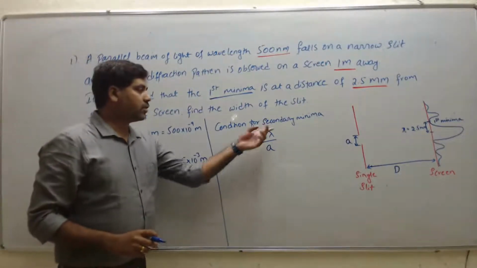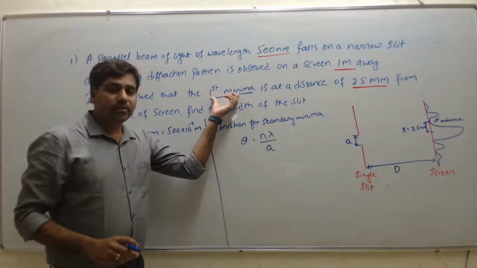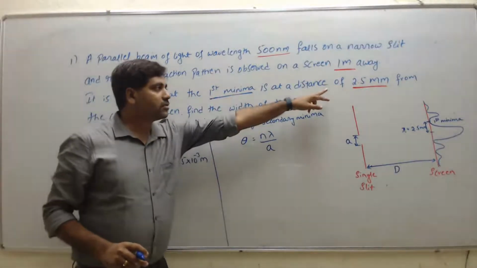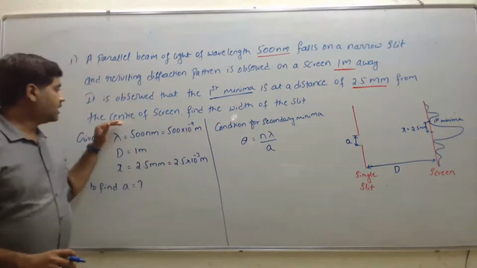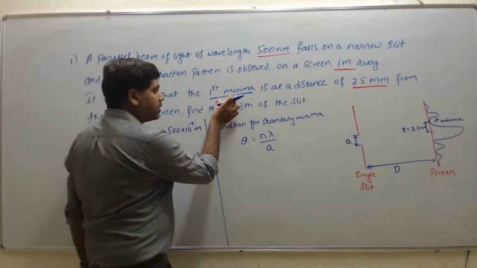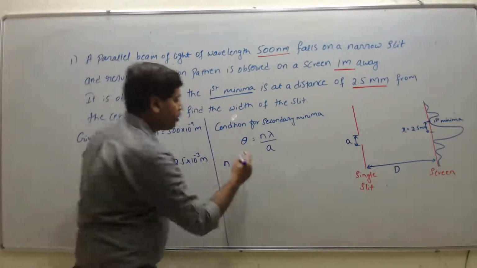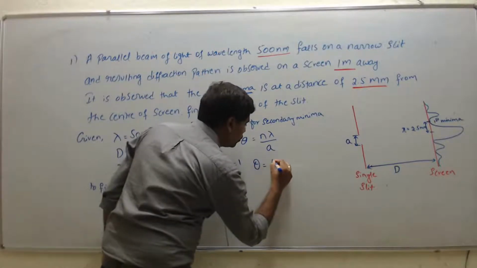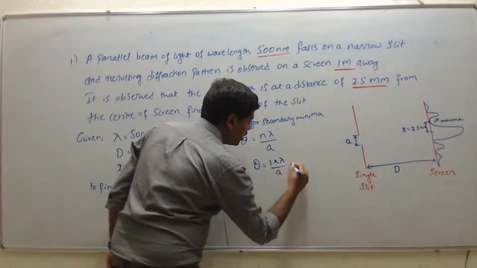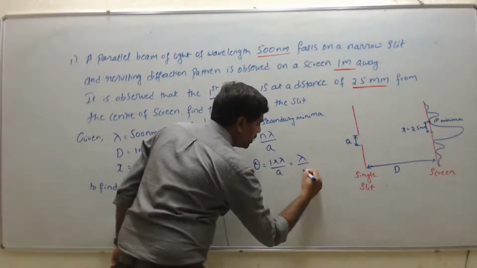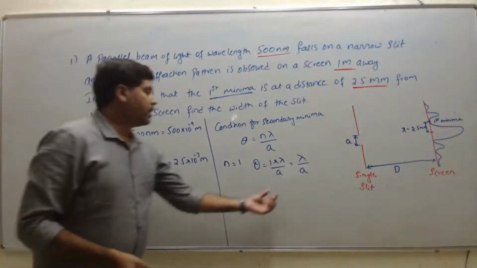In this, they have given the first minima, at a distance of 2.5 millimeter from the center of the central maxima. For the first minima, the value of n is equal to 1. Then theta is equal to 1 into lambda divided by a, that is, lambda divided by a.